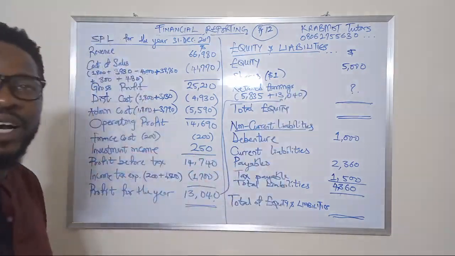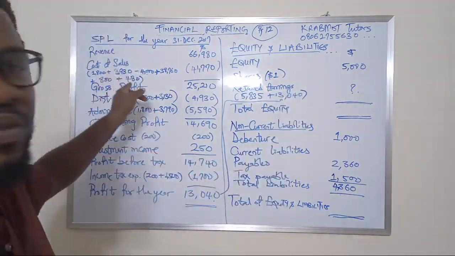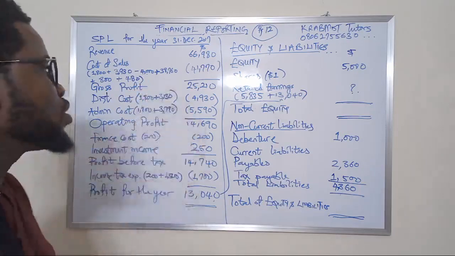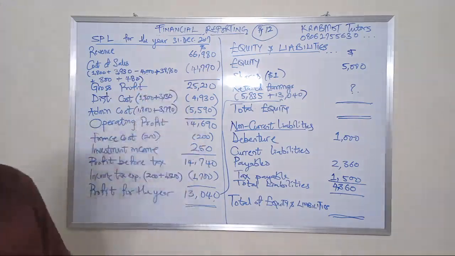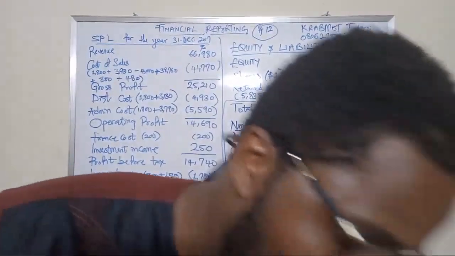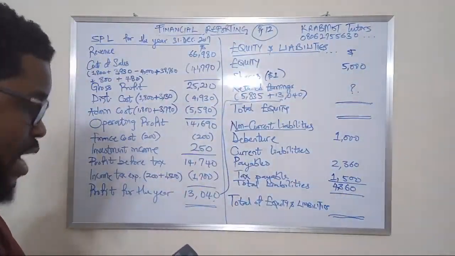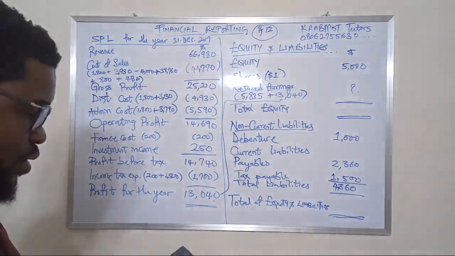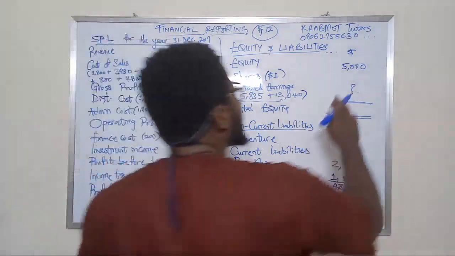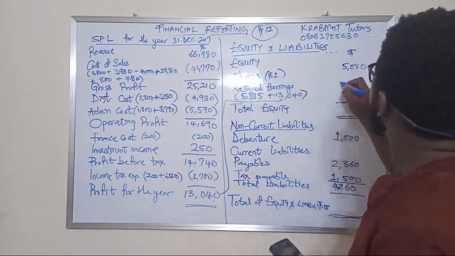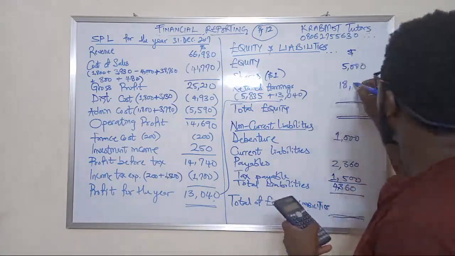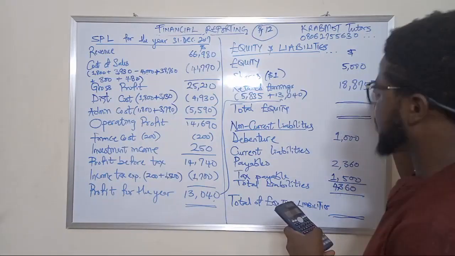So it's always advisable to do the statement of profit and loss first before you do the statement of financial position. 5,835 plus 13,040. This will give me 18,875.